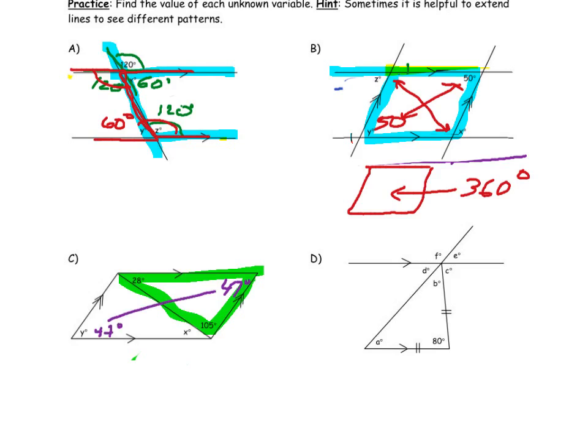This is a parallelogram. Maybe you see something different. Maybe you see that Z pattern, and that Z pattern would help you to get to the answer that X would have to also equal 28 degrees because of this.